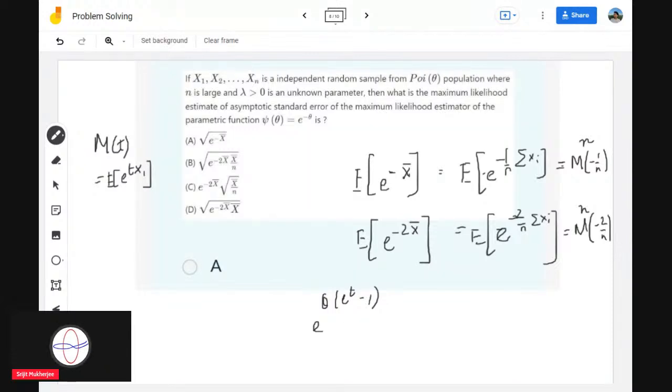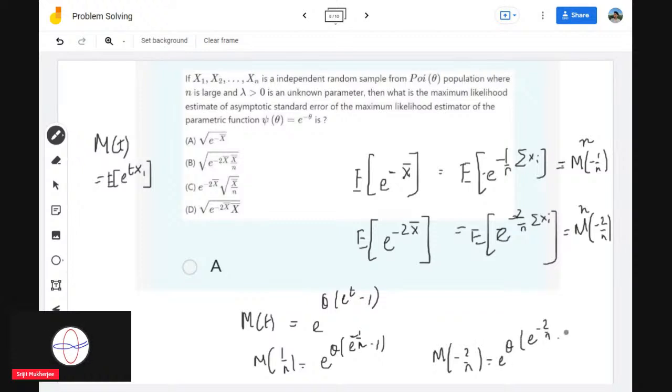Okay, so if you have this now, this is the MGF. So now M of 1 by n is what? E to the power theta times (e to the power 1 by n minus 1). And M of minus 2 by n is e to the power theta times (e to the power minus 2 by n minus 1).